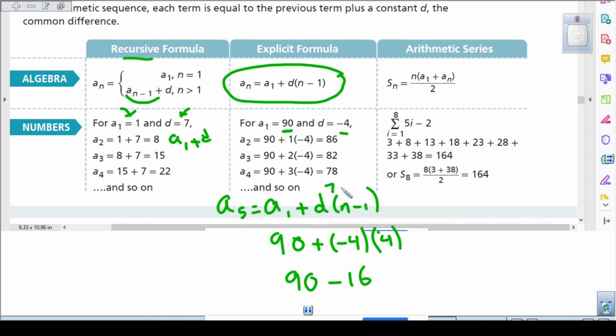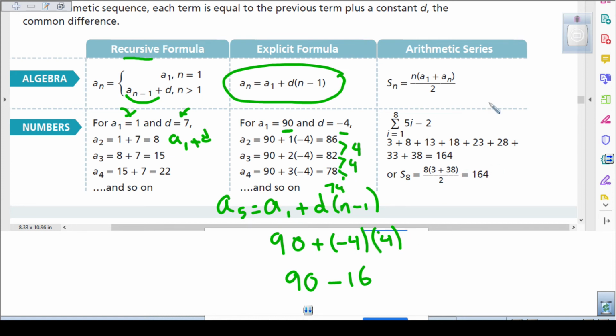Subtracted from 100. Okay. 86 minus 82 is 4. This guy is 4. So I'm expecting to see something 74. See that? Because it's a common difference.